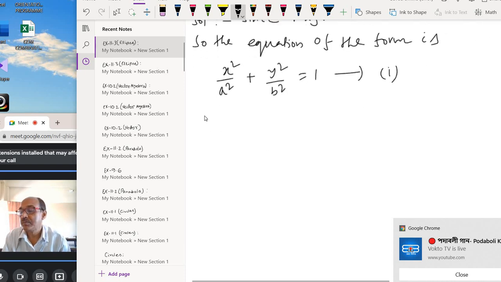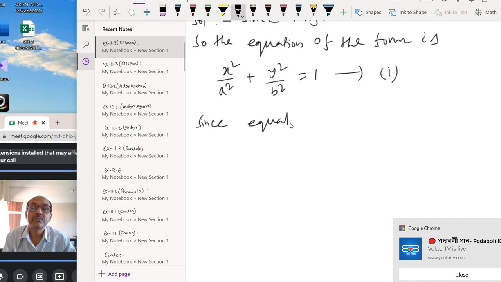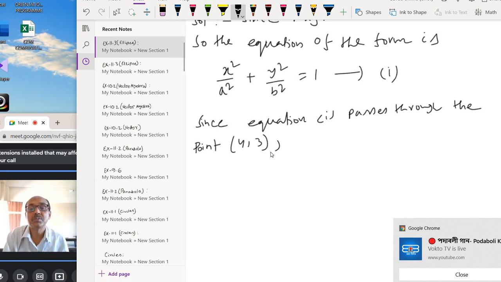Then since equation 1 passes through the point 4, 3, put x equal to 4 and y equal to 3 in the equation 1.